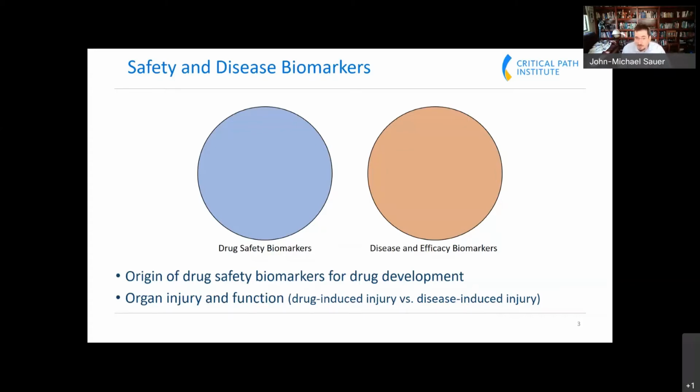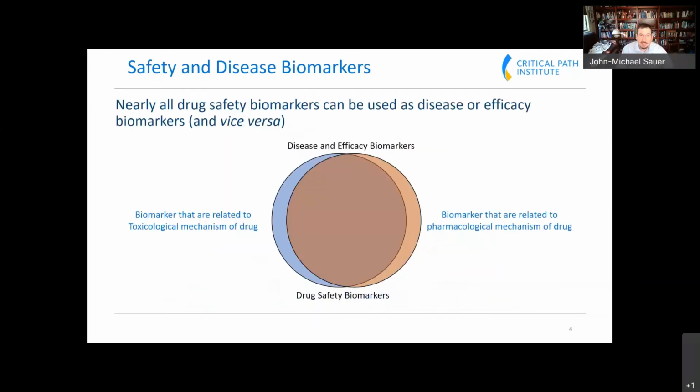Many of these biomarkers are actually biomarkers of organ injury or organ function. And so I think what we're finding, in doing this very simple analysis, is that in reality, these safety biomarkers and biomarkers of disease detection, diagnostic biomarkers, or even those used in efficacy have significant overlap, right? They're one and the same. And so we can almost say that nearly all safety biomarkers can be used as disease or efficacy biomarkers.